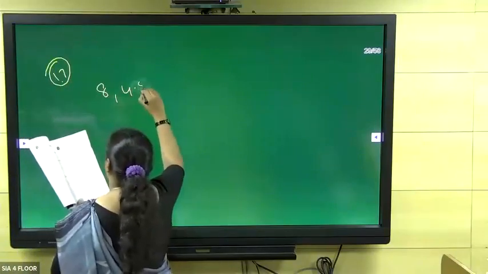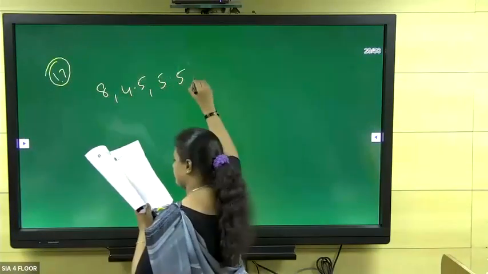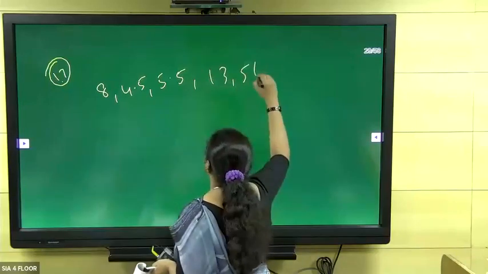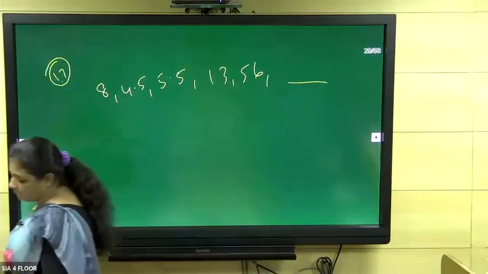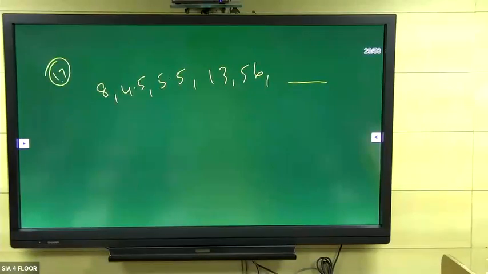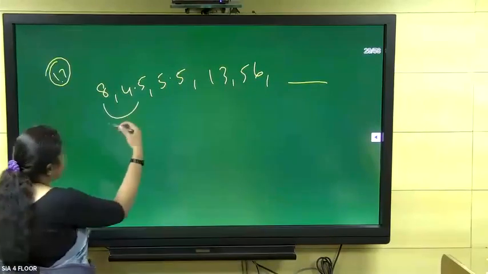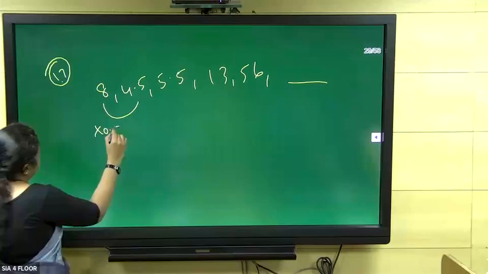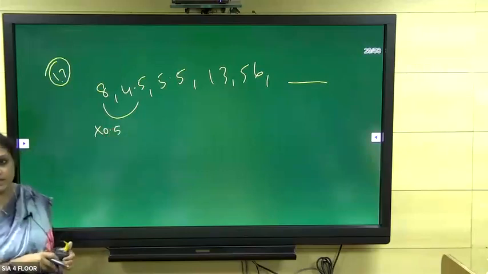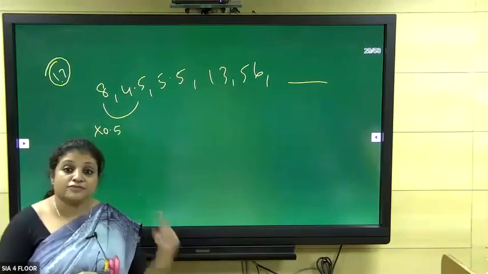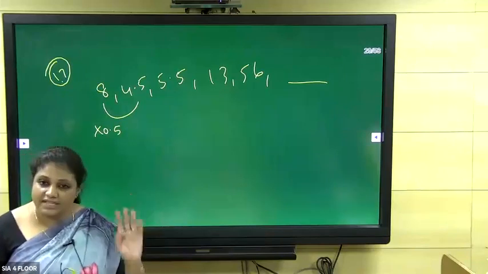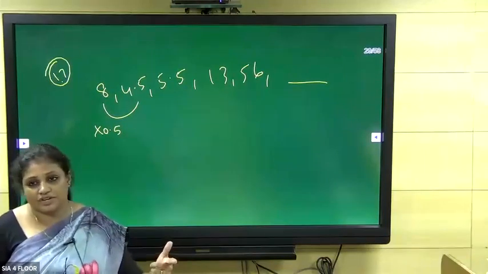8, 4.5, 5.5, 13, 56. So you are making it nearly half. What is half of 8? It's 4. But that is 4.5. So first you make it half by multiplying with 0.5.